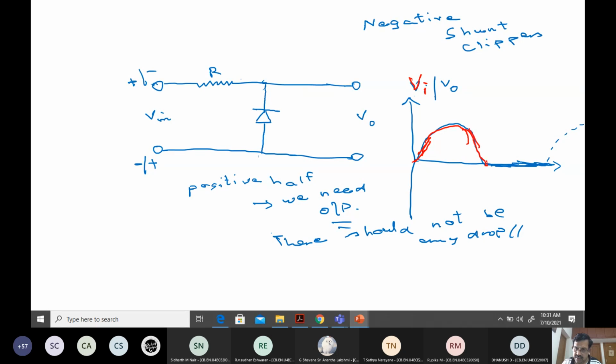This is my input Vin, but the output is clipped in the negative. Therefore, it is a negative shunt clipper, because the diode is connected in parallel. We are taking the output and it is connected in parallel to the diode input. So there should not be any drop in the positive half. With that knowledge we can draw this diode clearly.